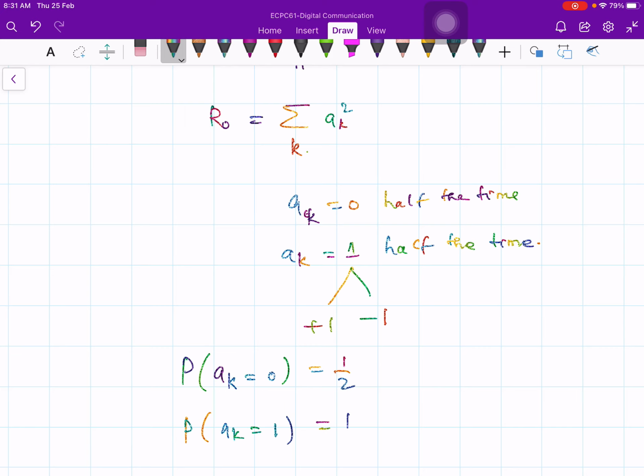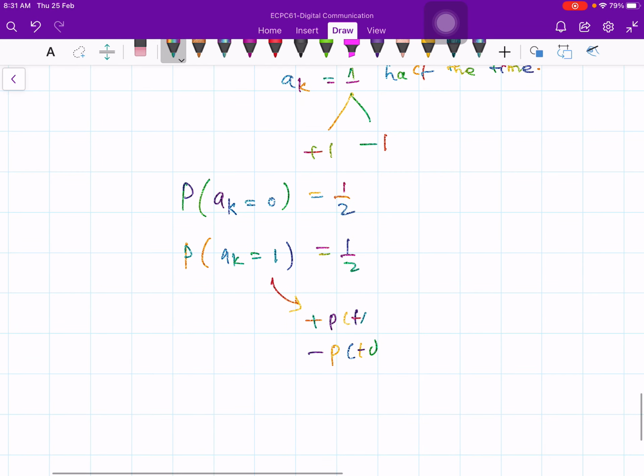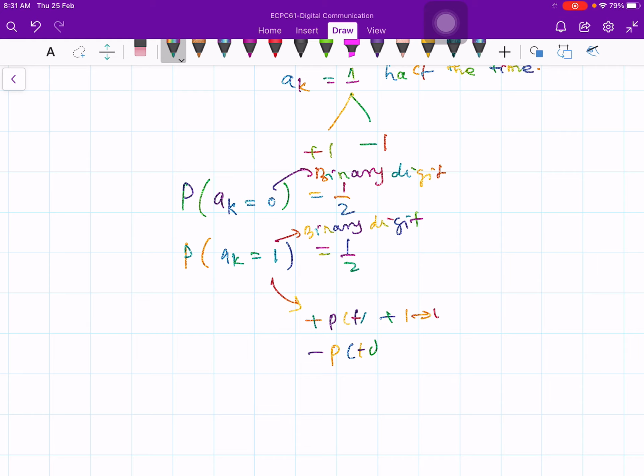1 is 1/2, and this 1 is when you do the line coding, either it takes plus p of t or minus p of t. Let's say plus p of t means let's say plus 1. This is a binary digit and this also a binary digit, and this is a voltage actually.